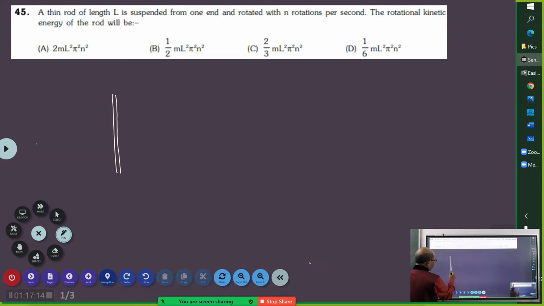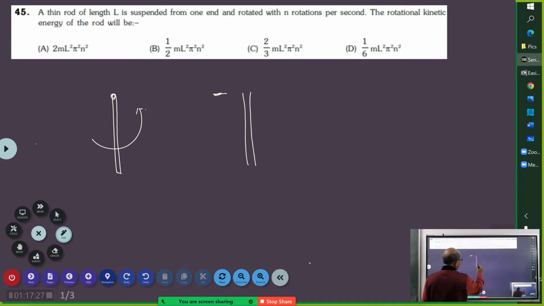Will you consider this rod to be rotating like this, or will you consider this rod to be rotating about this axis? Which one will you consider according to this?